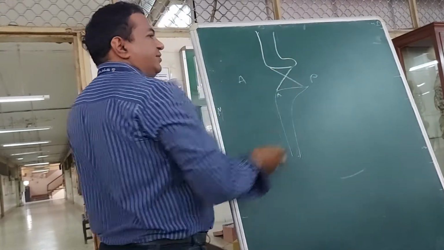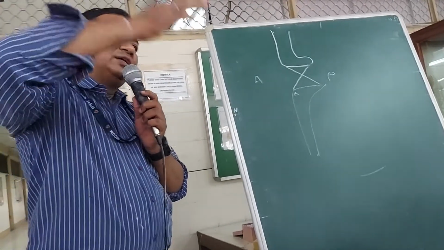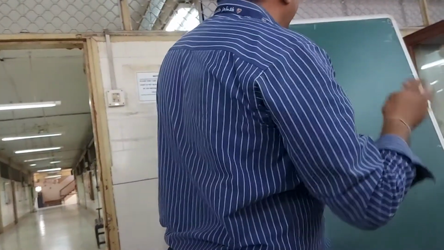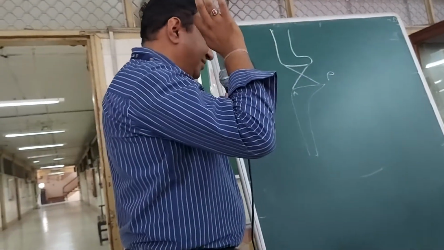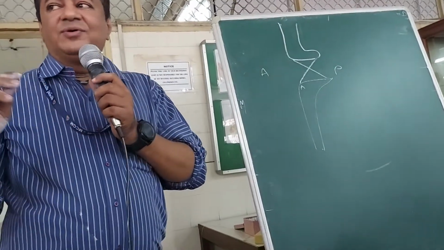Anterior cruciate gets attached to the medial surface of the lateral condyle, not meniscus, lateral condyle. Okay?